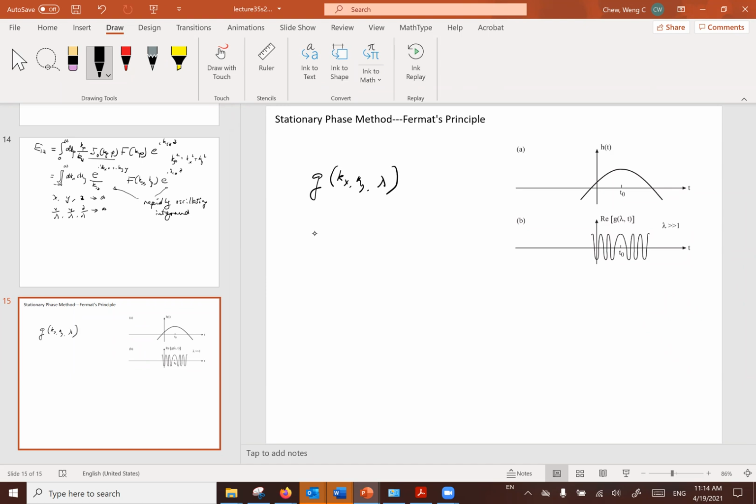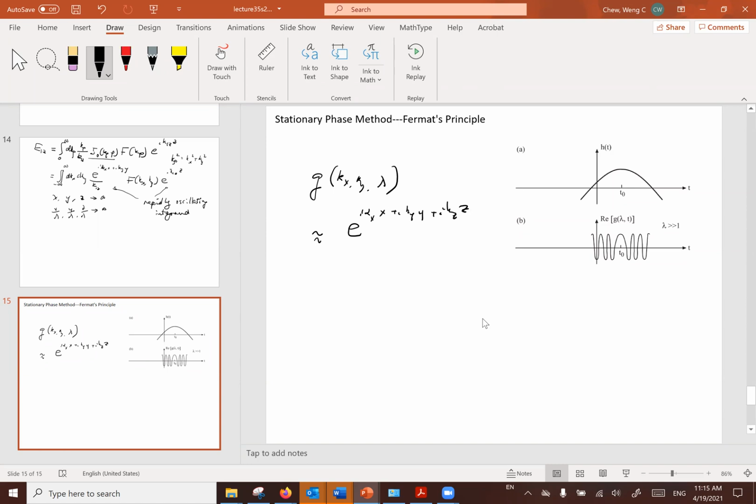Lambda is a large parameter. And I call this function e to the i kx x plus i ky y plus i kz z. Then this function is going to be a rapidly varying function.